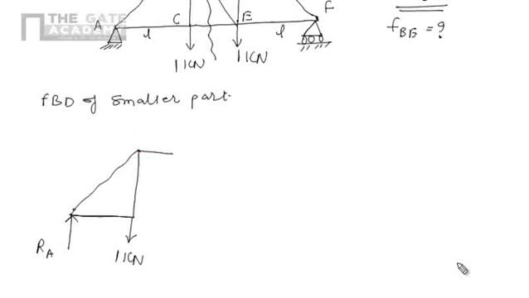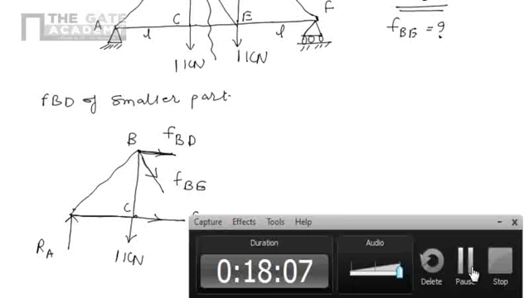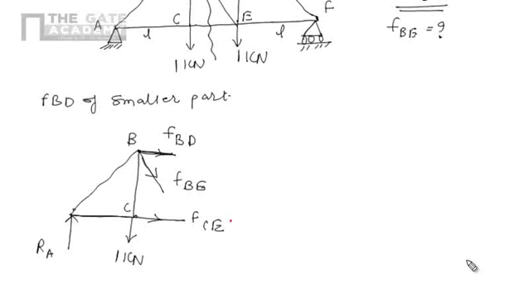Here we are having the cut members, so we show the forces in cut members according to our assumption, away from the joint. This force will be FBD, this force will be FBE, this force will be FCE. Let's check, this angle is theta.